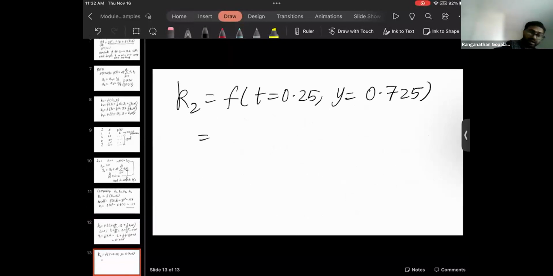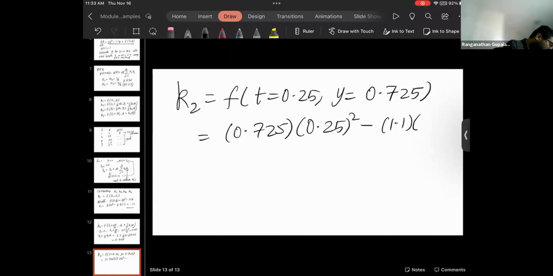So that is 0.725 times 0.25 squared minus 1.1 times 0.725. Once we finish this hand calculation, we'll go back and put this into Excel and cross-check everything, okay?